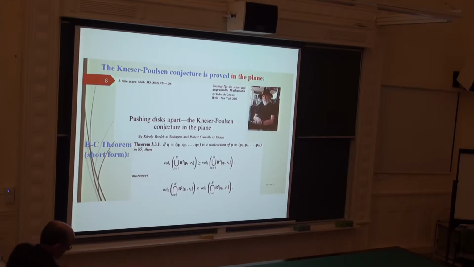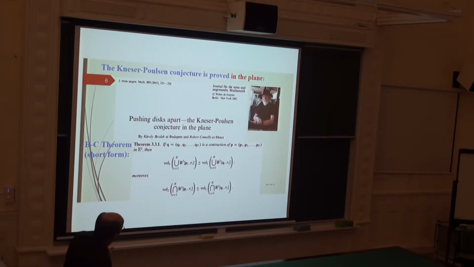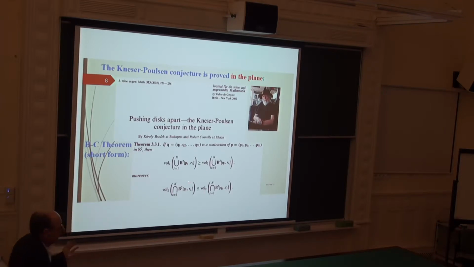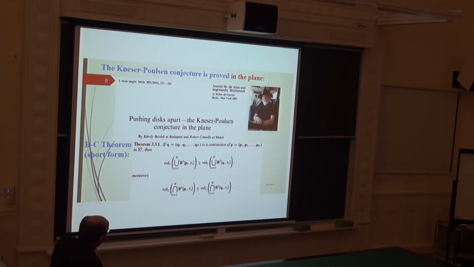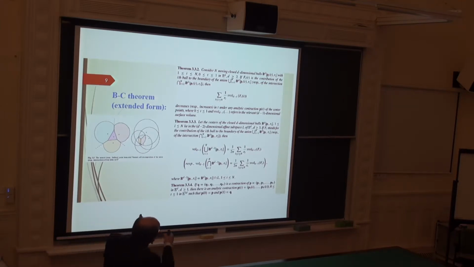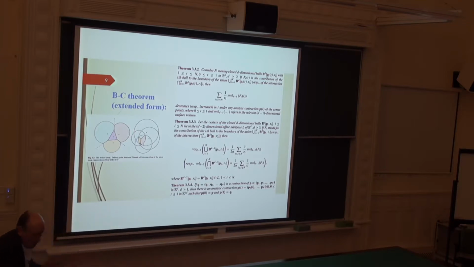So the theorem in this form just says that, indeed, in the plane, if we contract a point configuration P onto a point configuration Q, then, as it is claimed in the Kneser-Poulsen conjecture, the area of the union of the disks decreases, whereas the area of the intersection of the disks increases. Well, actually, the theorem has a more explicit form where we see three parts, and these three parts give the way the conjecture is proved in the planar case.